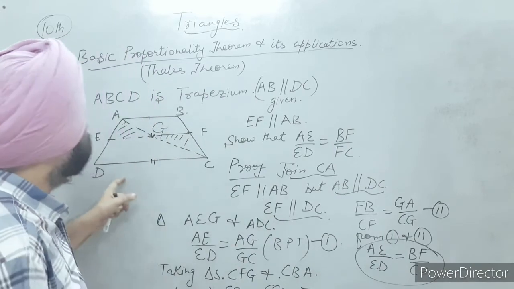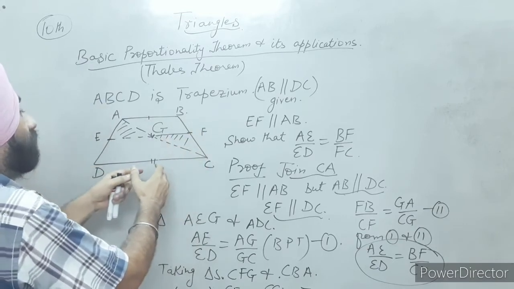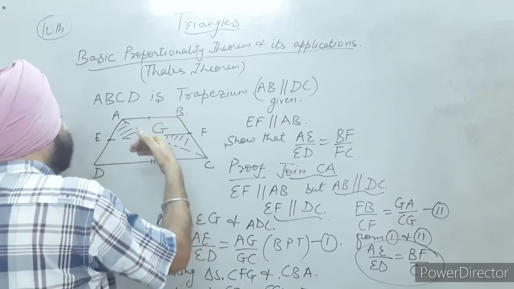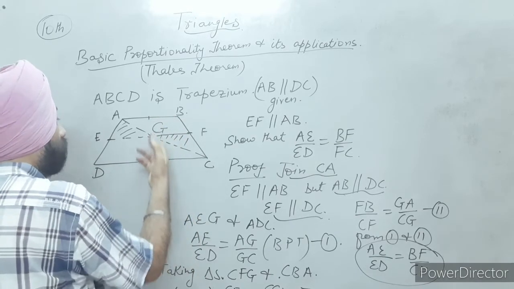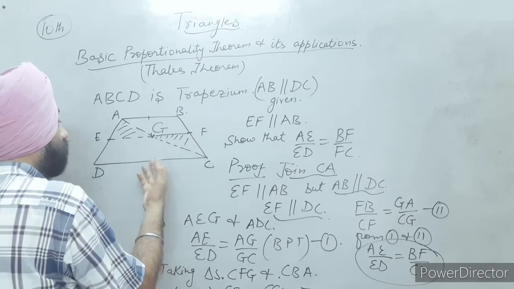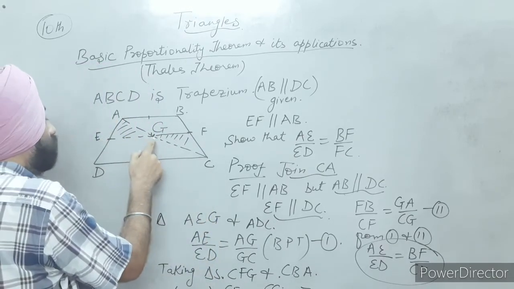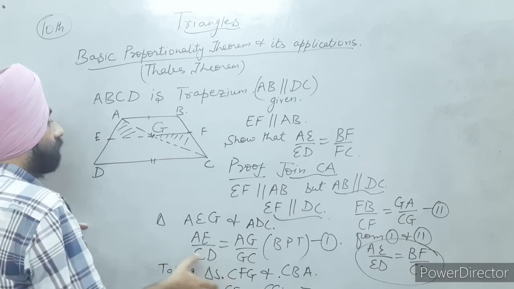This is again a very easy question. ABCD was a trapezium. It was given EF parallel to AB. If EF is parallel to AB, then EF is parallel to DC also, because these opposite sides of a trapezium are parallel. So starting from here, I took AEG triangle and ADC triangle, applying basic proportionality theorem.